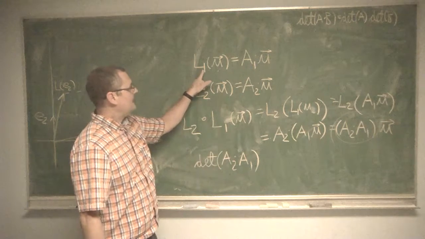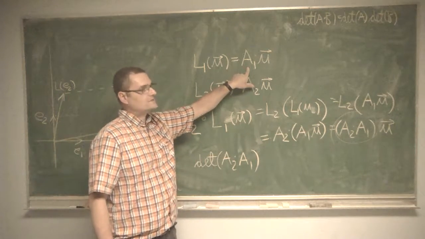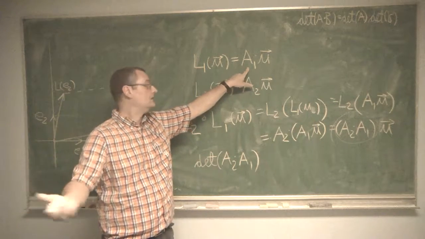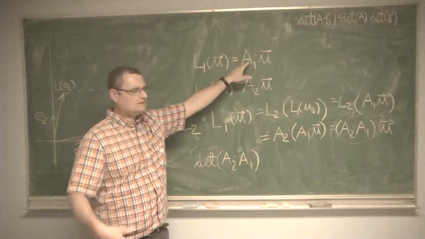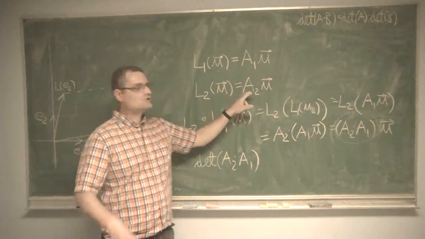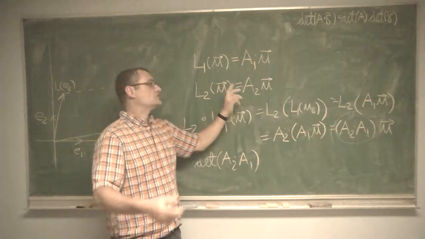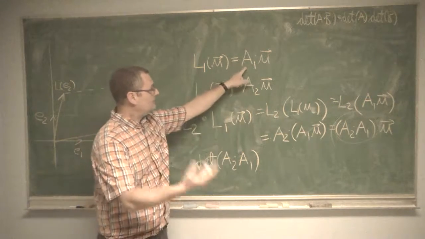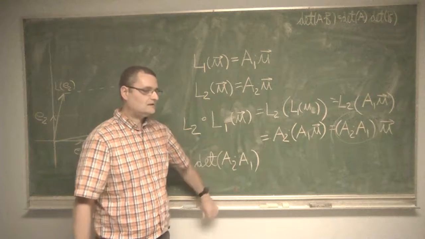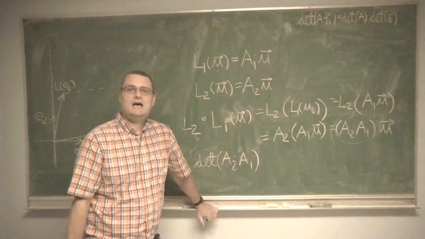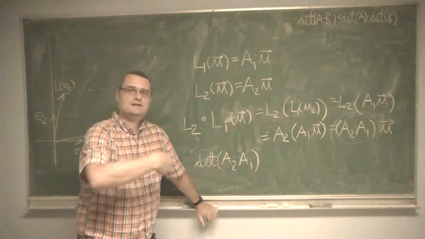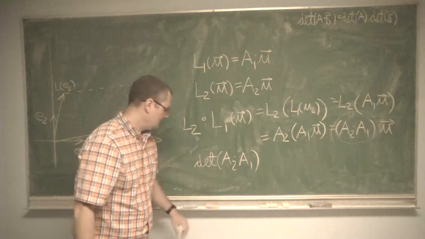Suppose that L1 deforms space by doubling any area, and suppose that L2 triples the area. So you first double the area and then triple the area. So as a net effect, at the end, you will have an area that is 6 times bigger than the original one.